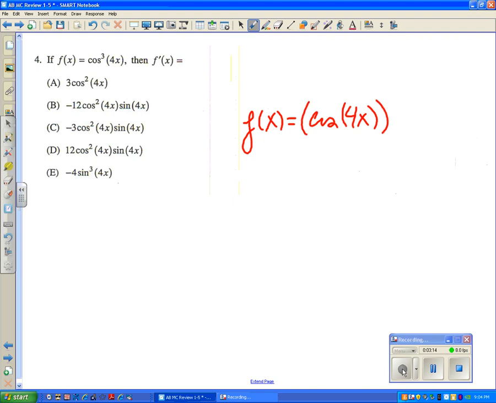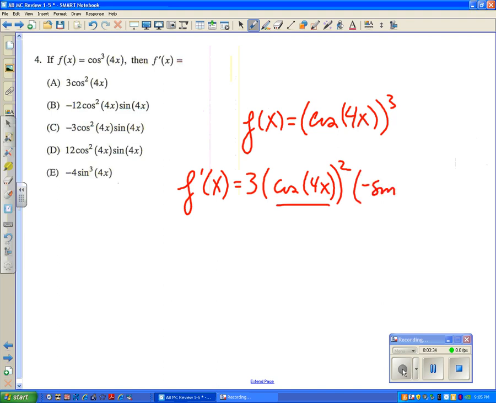The whole cosine is cubed, and so it presents us a better look for finding the derivative, which would start out with 3 times the cosine of 4x quantity squared, then times the derivative of the inside, and the derivative of cosine is negative sine of, in this case, 4x.